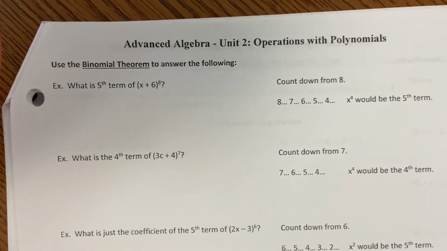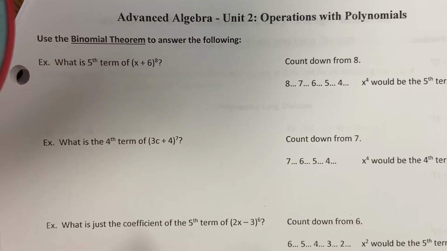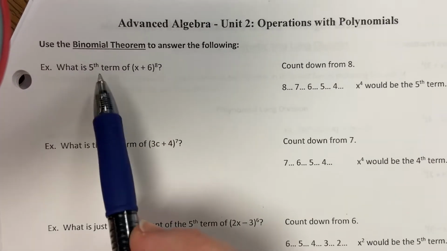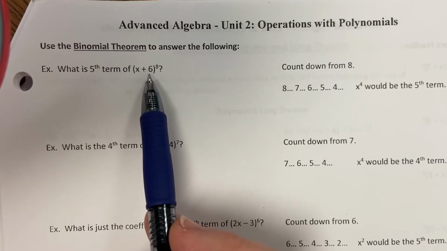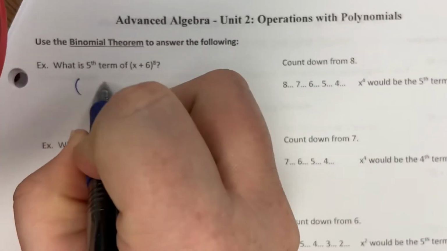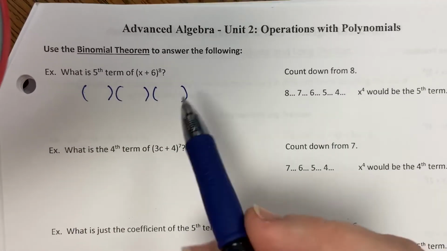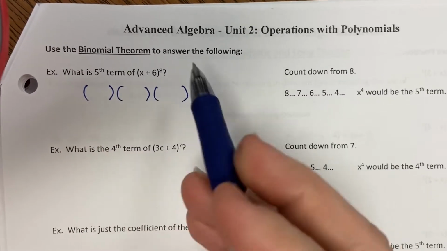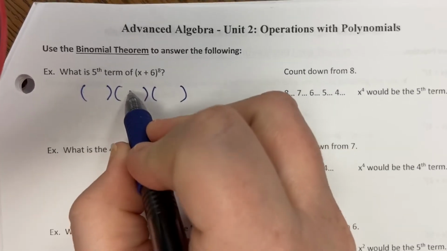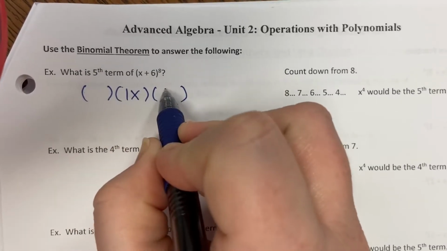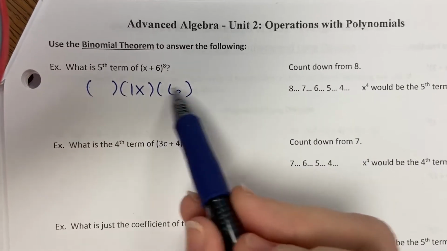All right, so in this first example, it says, what is the fifth term of this function? Well, first of all, I need a triplet. Now here I need to figure out what goes in these. So I know this is an x and I know this is a 6, right? But how do I get my exponents?